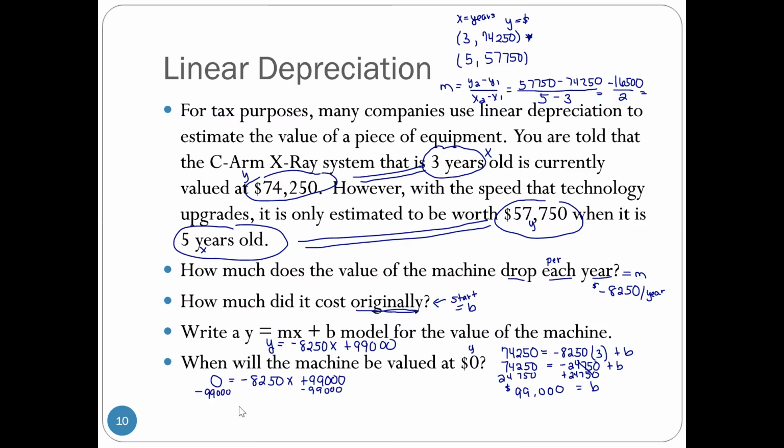And so that's pretty easy math. So negative $99,000 is equal to negative 8,250x. And I finish by dividing, so I divide by negative 8,250 on both sides. And that gives me that x is equal to 12 years.